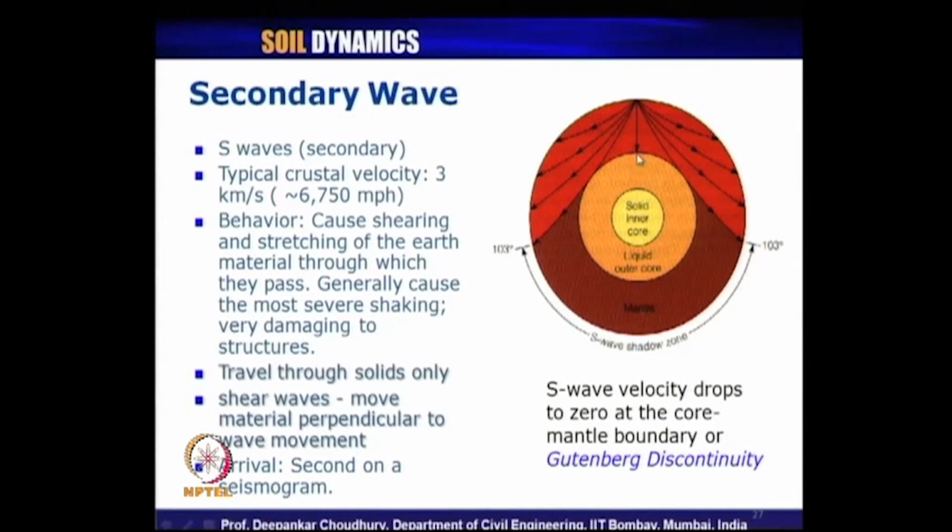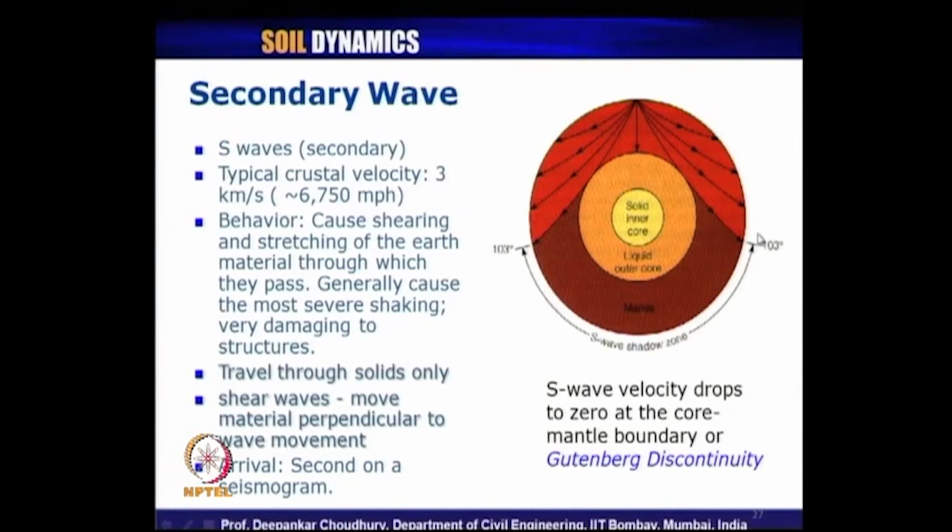Obviously, the shear wave cannot travel through liquid media, only through solid media. That is why it just stops at this boundary. Nothing gets transmitted to the next layer. That is why on this side we do not have any S wave coming out from the earthquake energy released here.